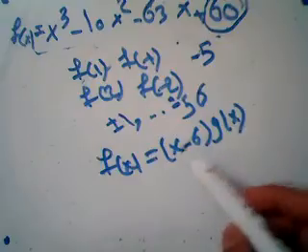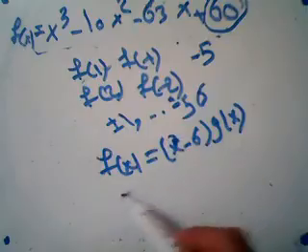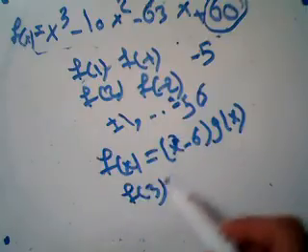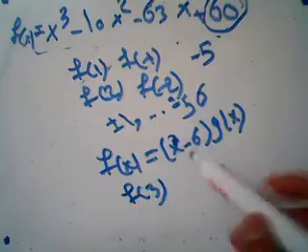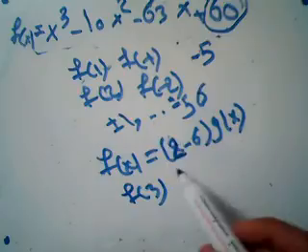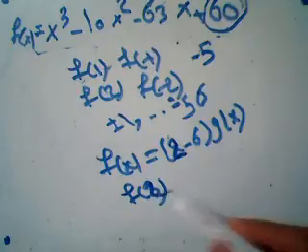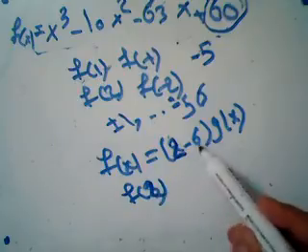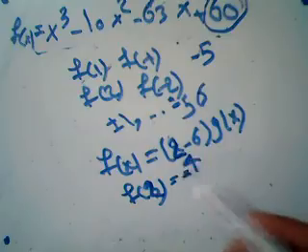And here, for instance, we could substitute 3 here and see if f of 3 is divisible by 3 minus 6, which is minus 3, or we could substitute 2 here and check if f of 2 is divisible by 2 minus 6, which is minus 4. Okay, that's it.